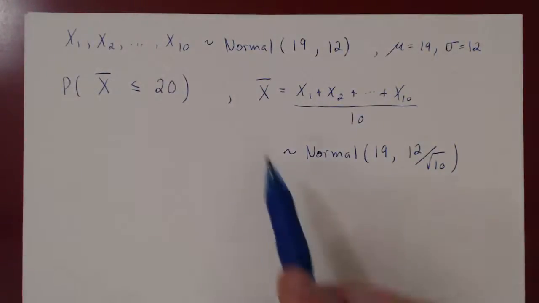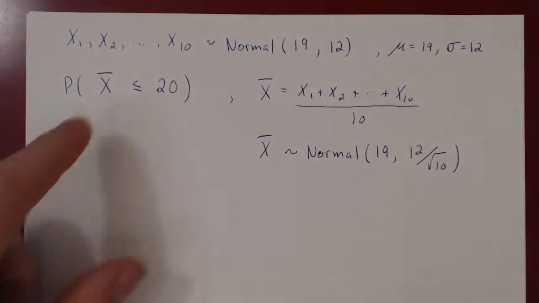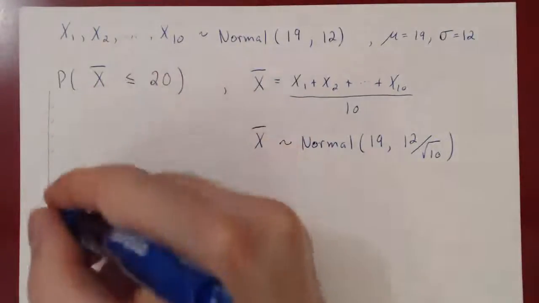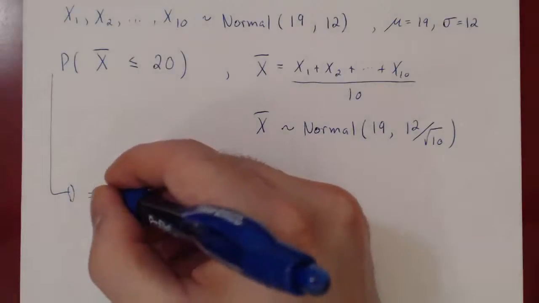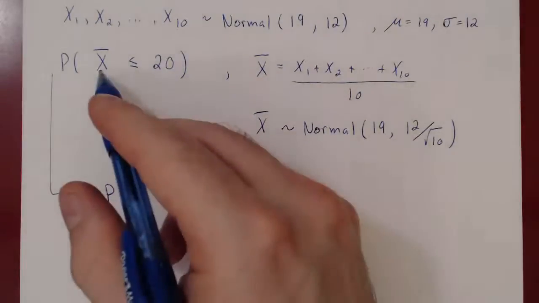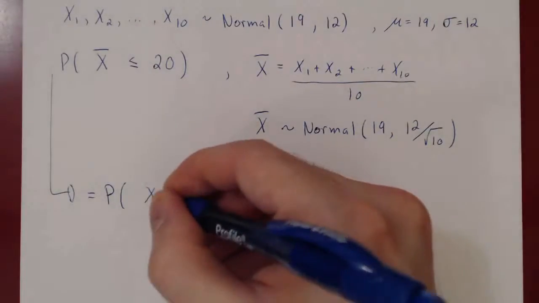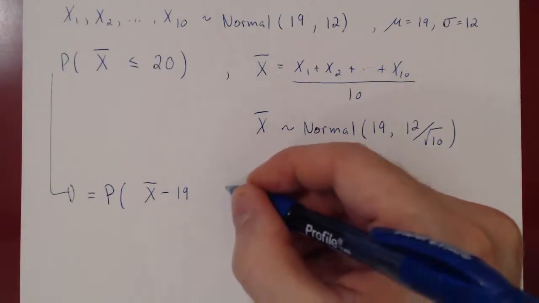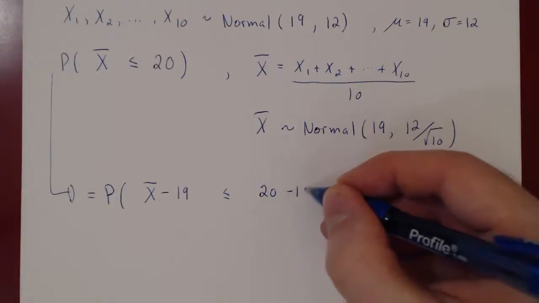Well, now that we have the distribution for x bar, we want the probability of x bar being at most 20. All we have to do now is standardize. To standardize, we subtract the mean from both sides. So we have x bar minus 19 is at most 20 minus 19.